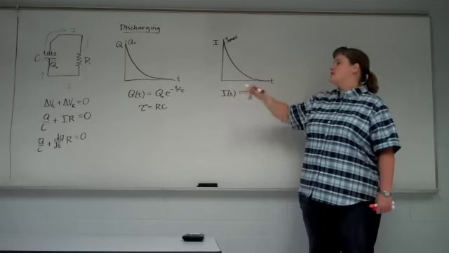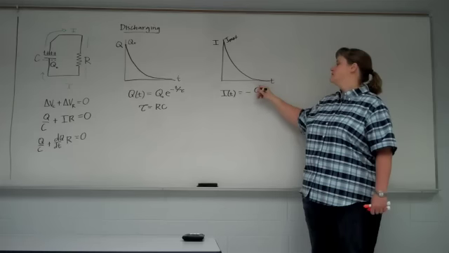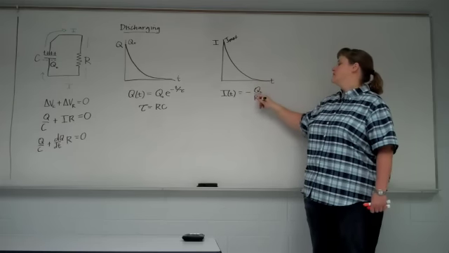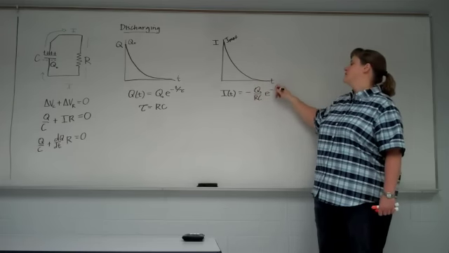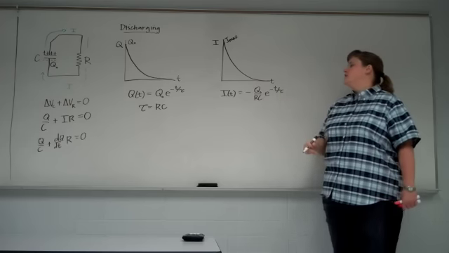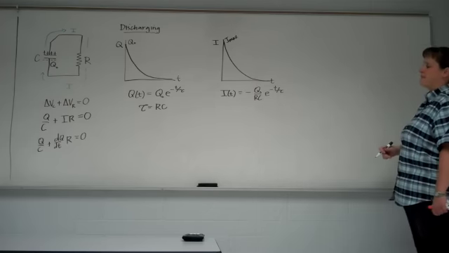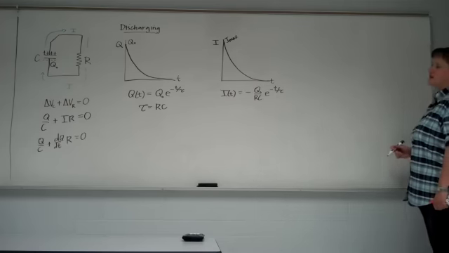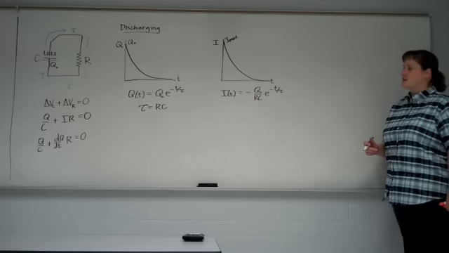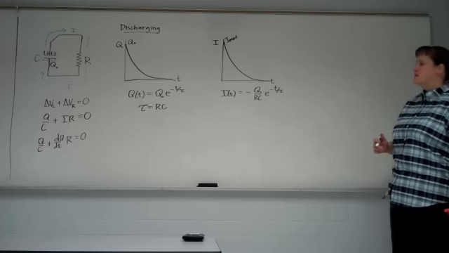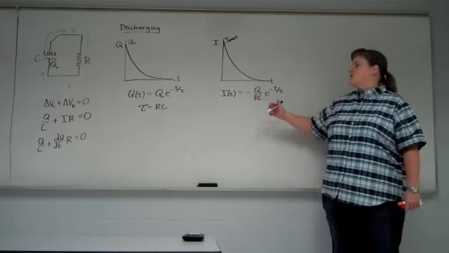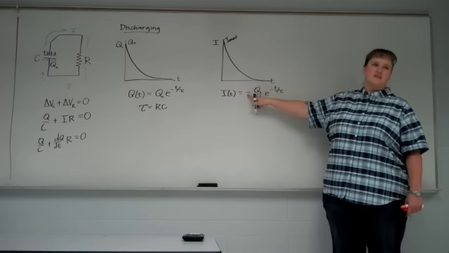Current being the derivative of charge. Derivative of our charge will be negative Q naught over RC, e to the negative T over tau. When we solve problems mathematically, we tend to just ignore that minus sign.